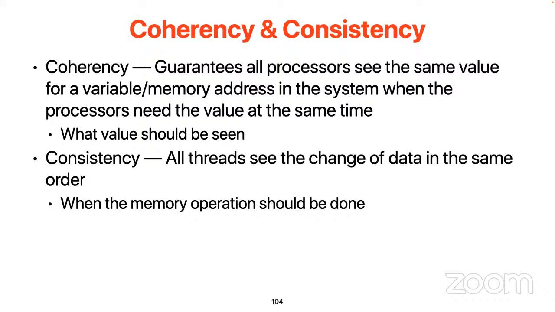The coherence protocol guarantees that all processors see the same value at the same time. The consistency protocol requires all threads to see the changes in the same order, which further helps us guarantee the correctness of your program.